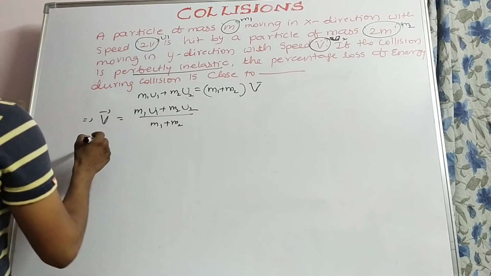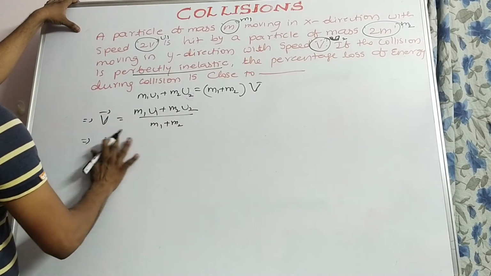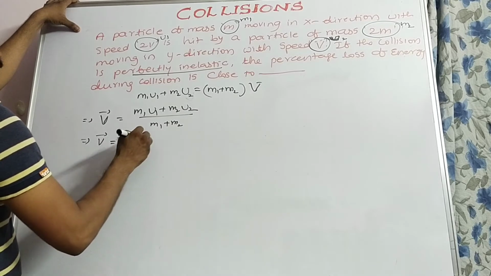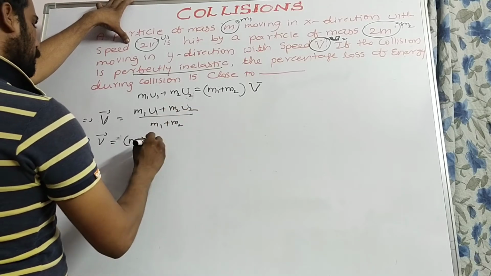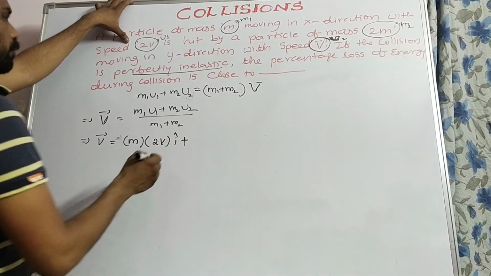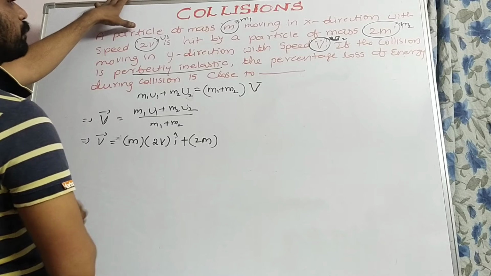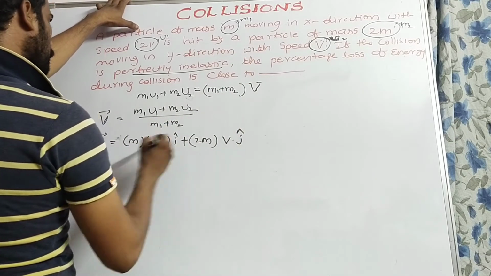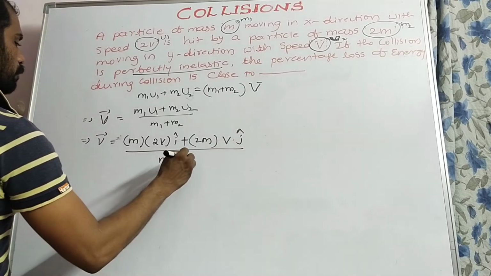So V bar is equal to m into 2v along x axis, 2v i cap, plus 2m into v along y axis, j cap, divided by m plus 2m.